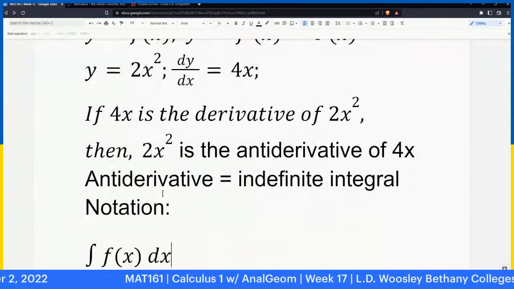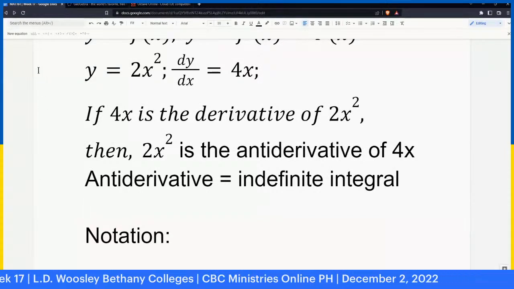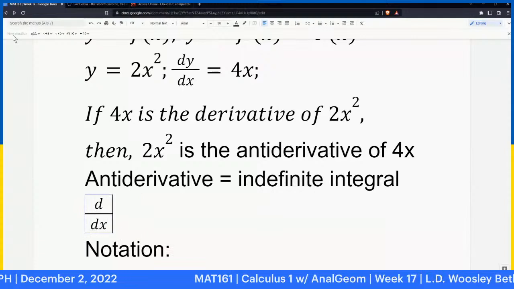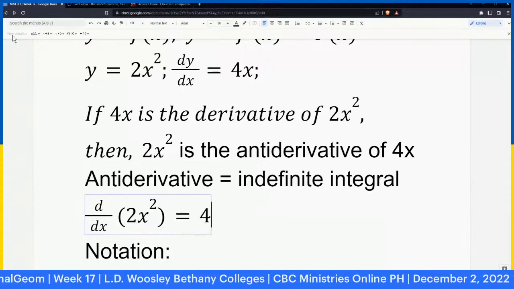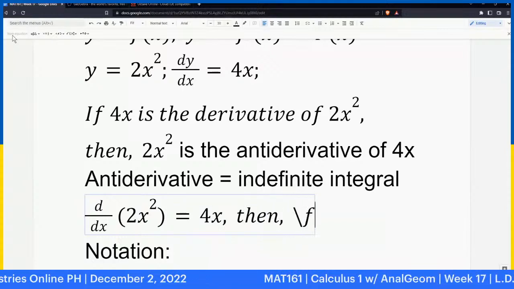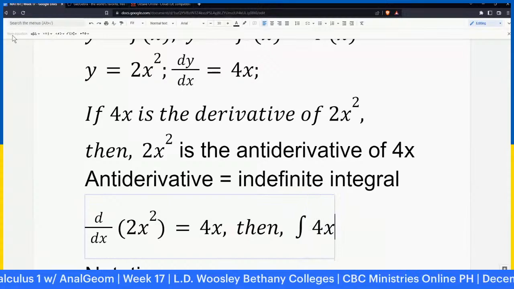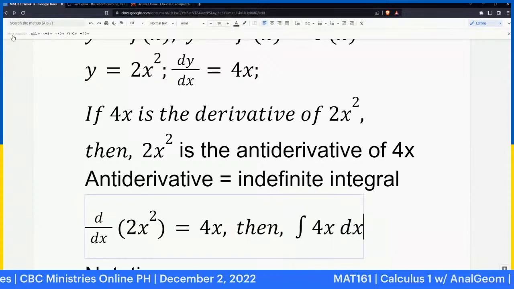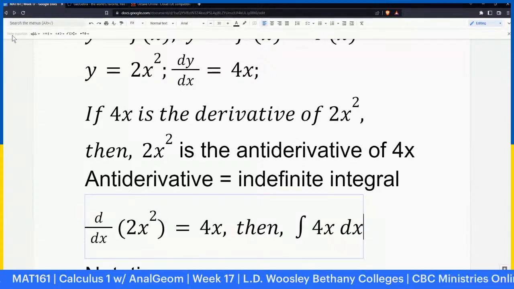So kaya nga, if we say that the derivative of 2x squared is equal to 4x, then the integral of 4x with respect to x, dx, would be equal now to, so this time, since this will be an indefinite integral, now we'll put a constant to represent everything.